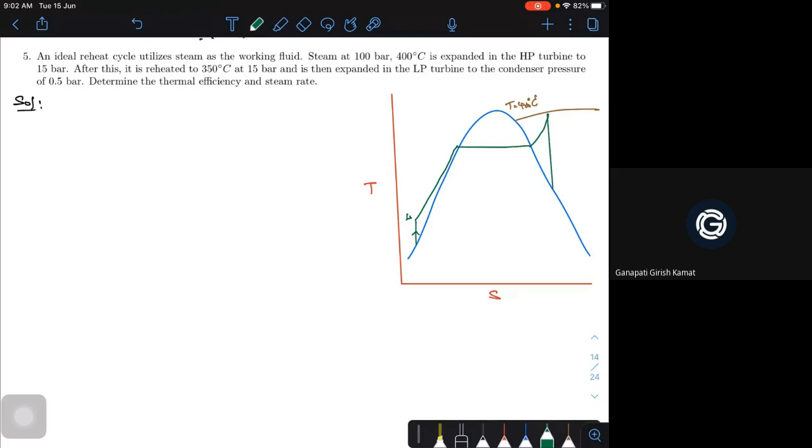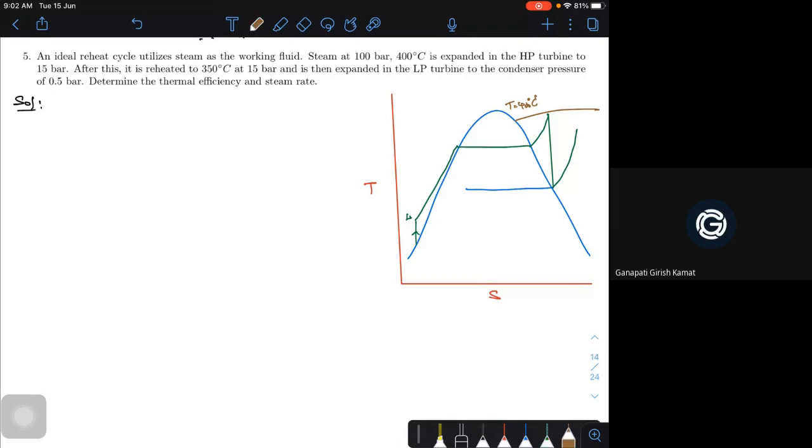So I have a pressure in between. This is a pressure of 15 bar, the intermediate pressure I'm trying to show here. So it is expanded in the high pressure turbine to 15 bar. This is my pressure curve at 15 bar, and I'm going to heat it to 350 degrees Celsius.